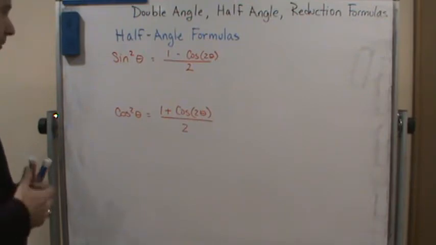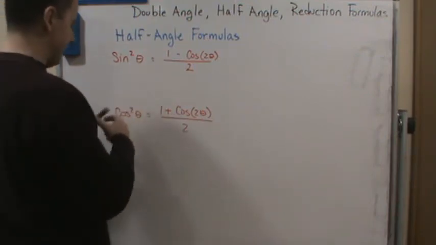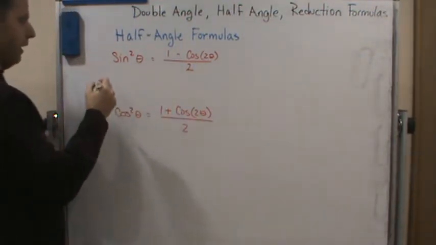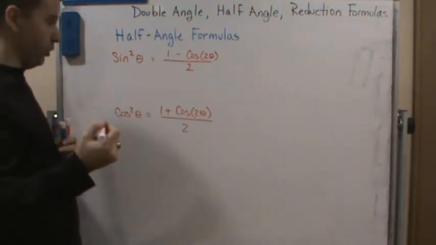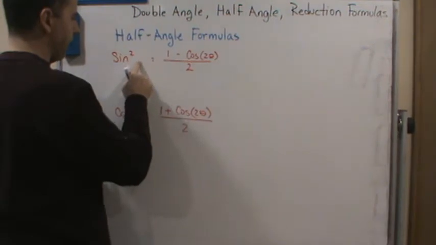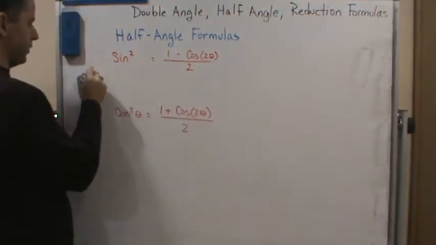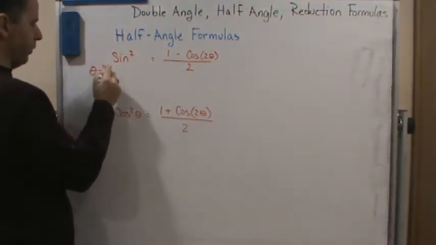So what we're going to do is replace theta with alpha over 2. Let theta equal alpha over 2.